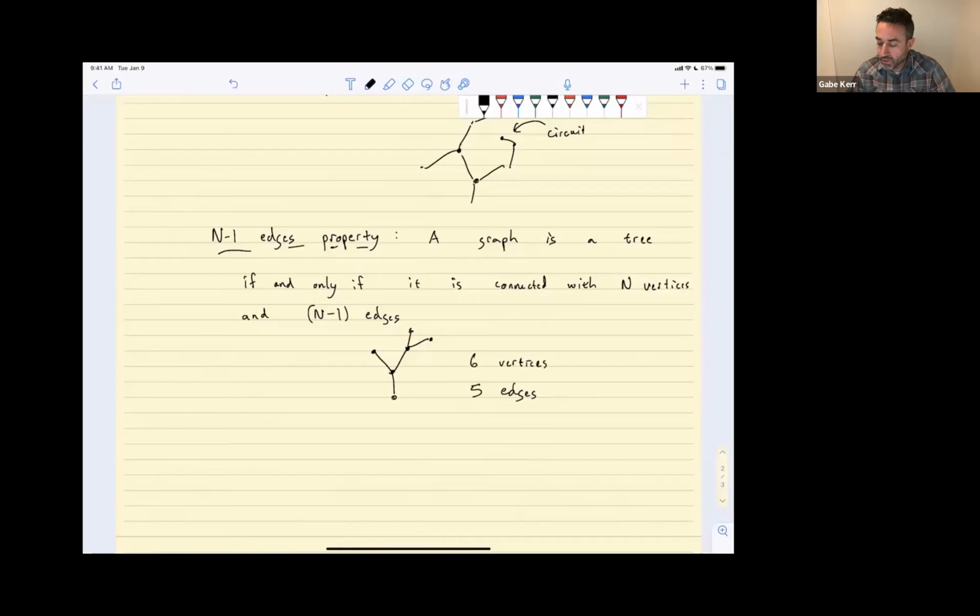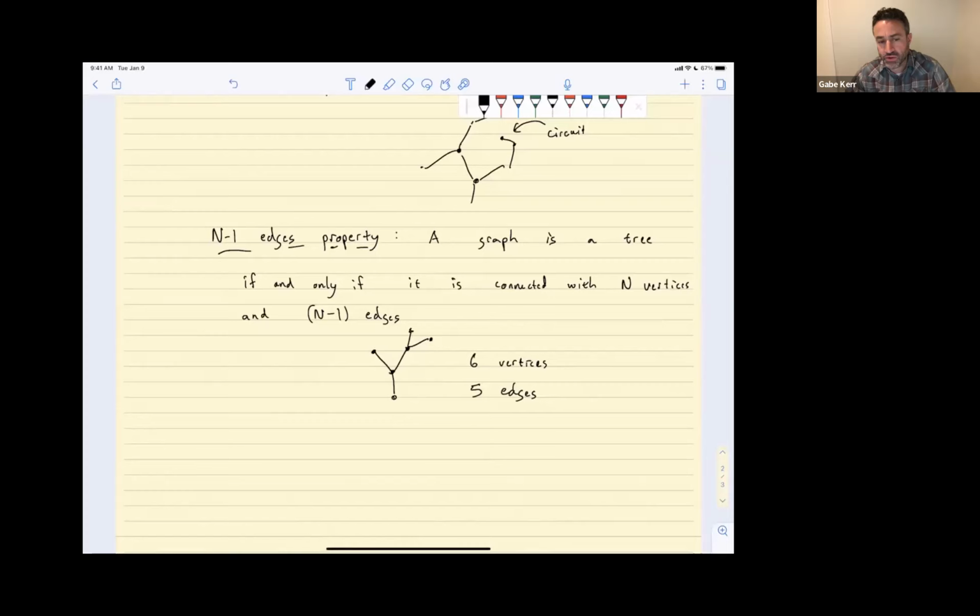How would you go about making the argument? I'm going to ask you guys, how do you make the argument that this is always true? Does anyone want to brave that question? Why is this always true?